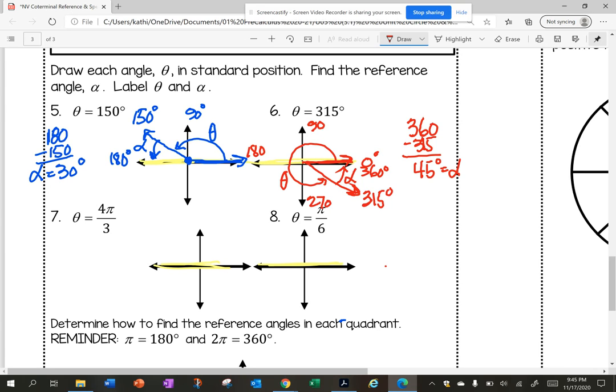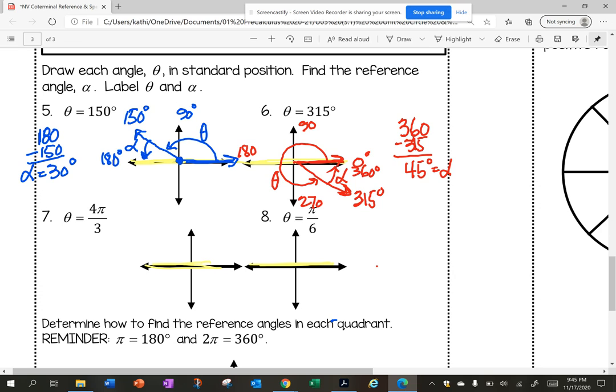Okay, I'm going to do the same process with radians. Again, I am always interested in what the denominator is. My initial side is always on the positive x-axis.